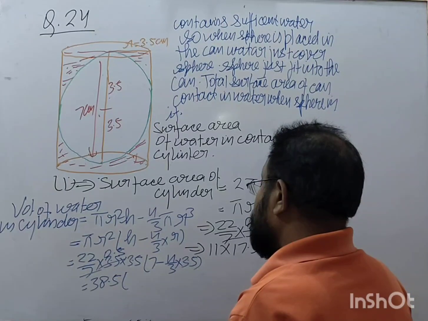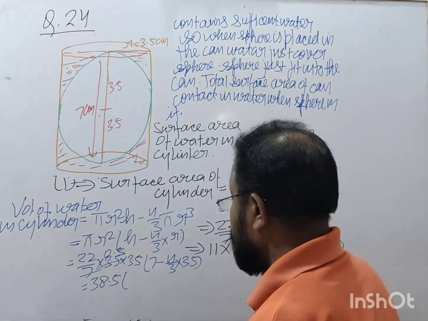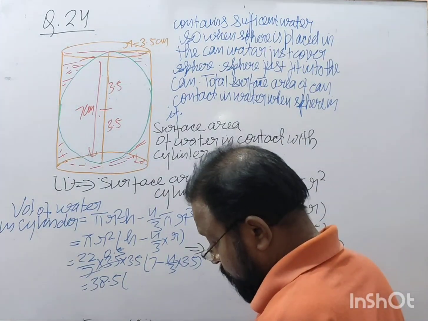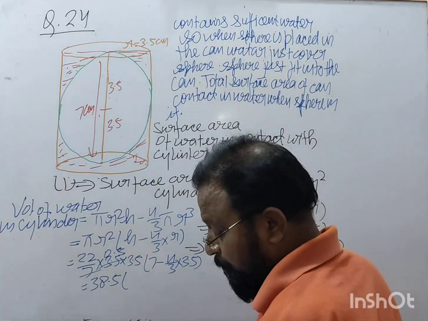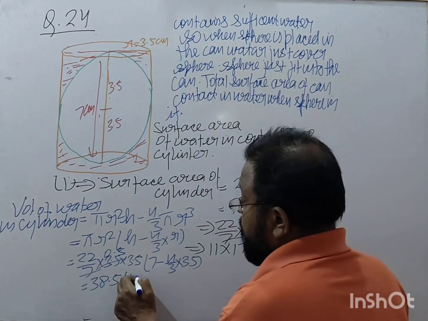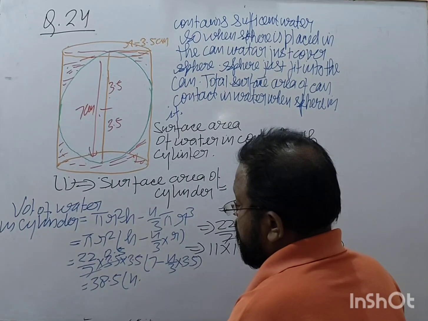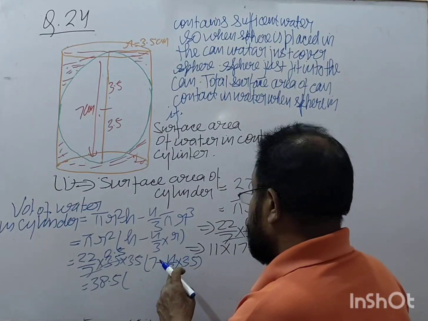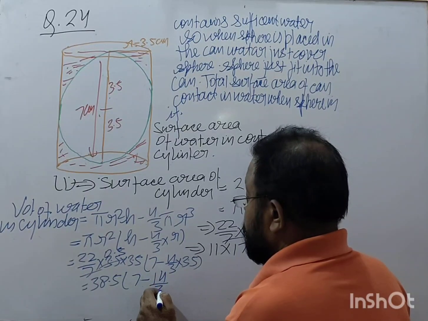It is how much? 3.5 into 4 divided by 3 is 4.67. How much is this? 7 minus 14 upon 3.